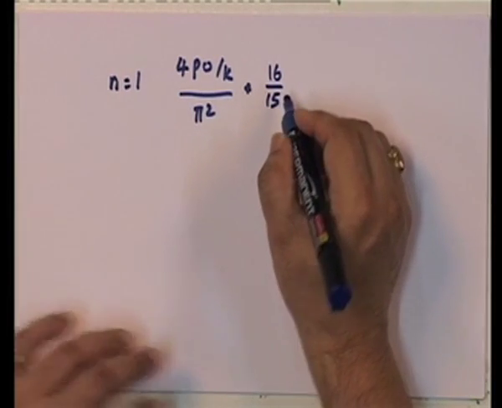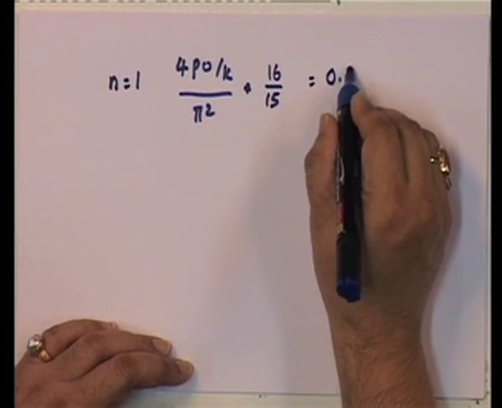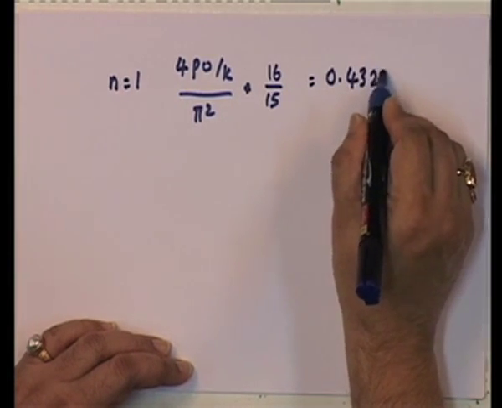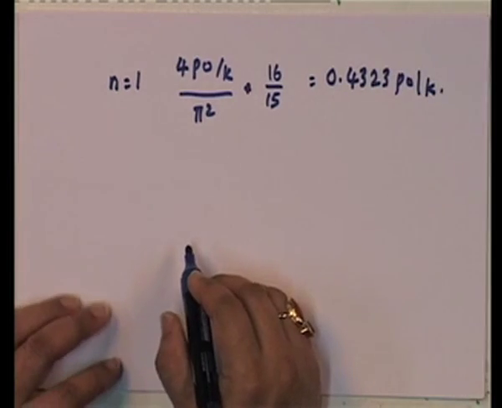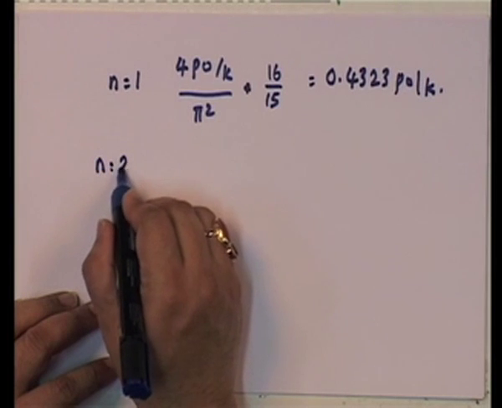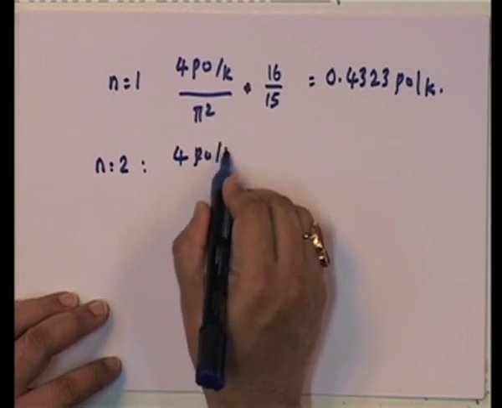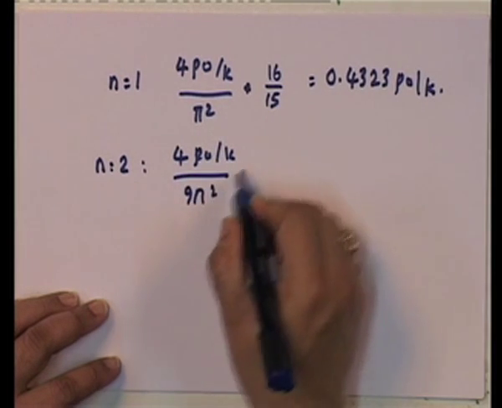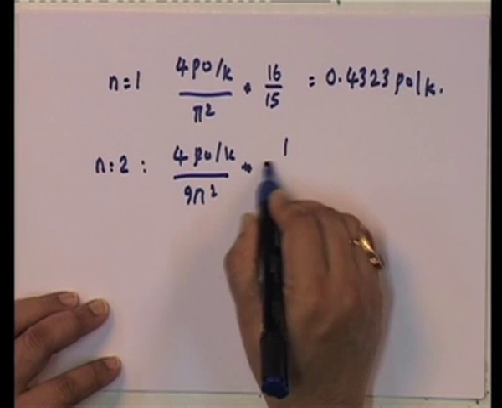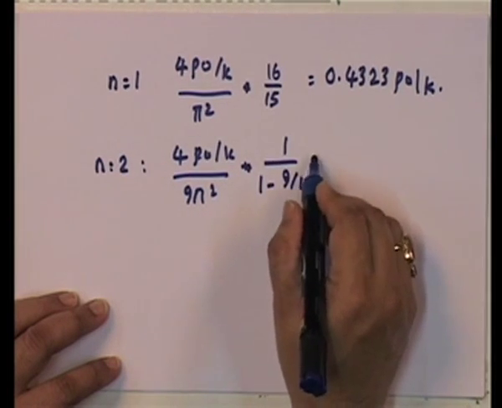So, if I put that in, I get it equal to 0.4323 p naught upon k, n equal to 2, 4 p naught upon k upon 9 pi squared into 1 upon 1 minus 9 by 16.